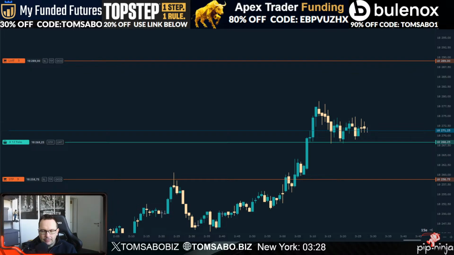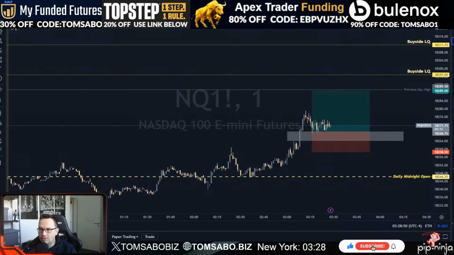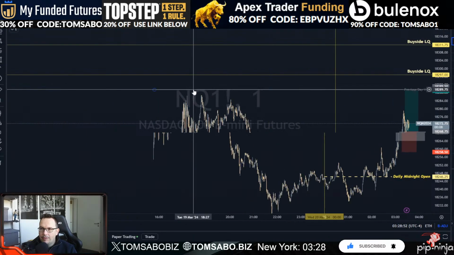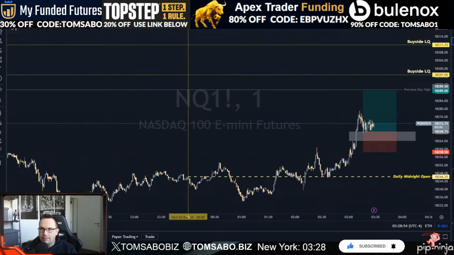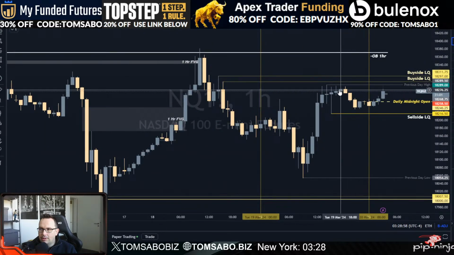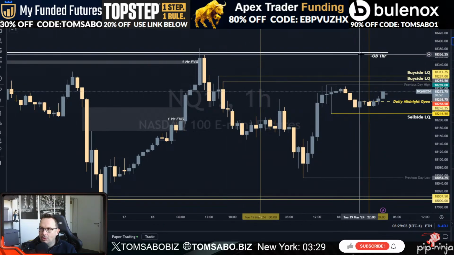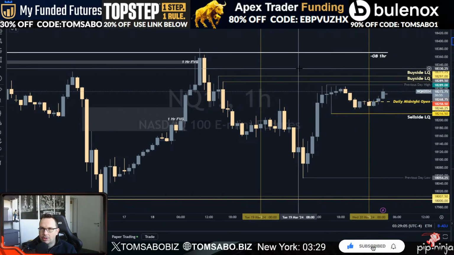Okay. A lot of liquidity above 290. Definitely a lot. Really, there is a lot of liquidity. I'm saying that seriously. If I go to the 1 hour, I'm definitely sure that there is liquidity. If we look to the left, we have an order block up there on the hourly chart.